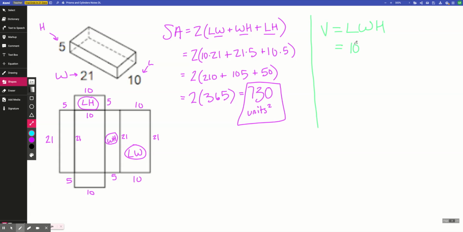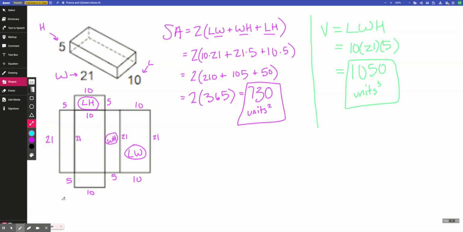So you have 10 times 21 times 5. All right, and if I multiply all of those together in my calculator, I get 1,050. And then I technically should put units cubed right here. But like I said, I wouldn't be mad at you if you didn't do that. Okay, so there's surface area and volume of a rectangular prism.